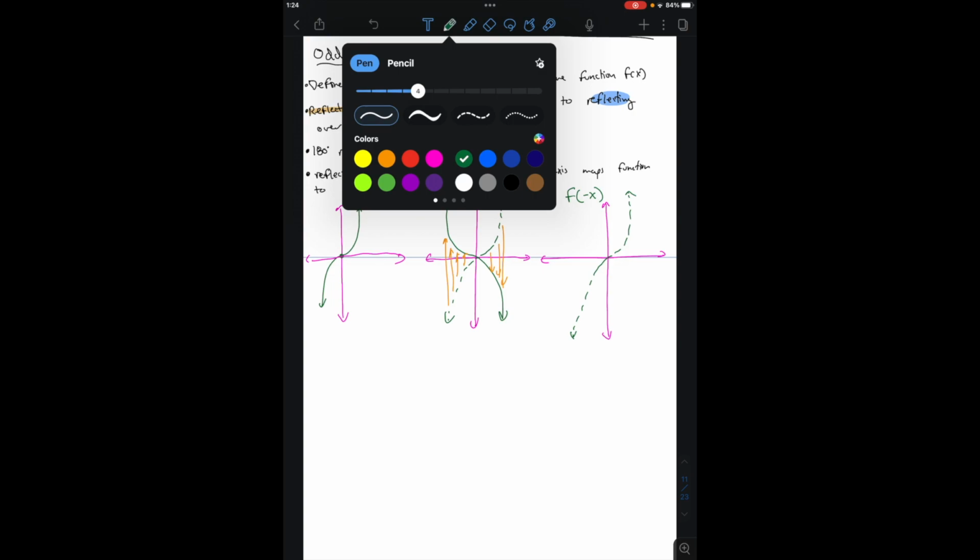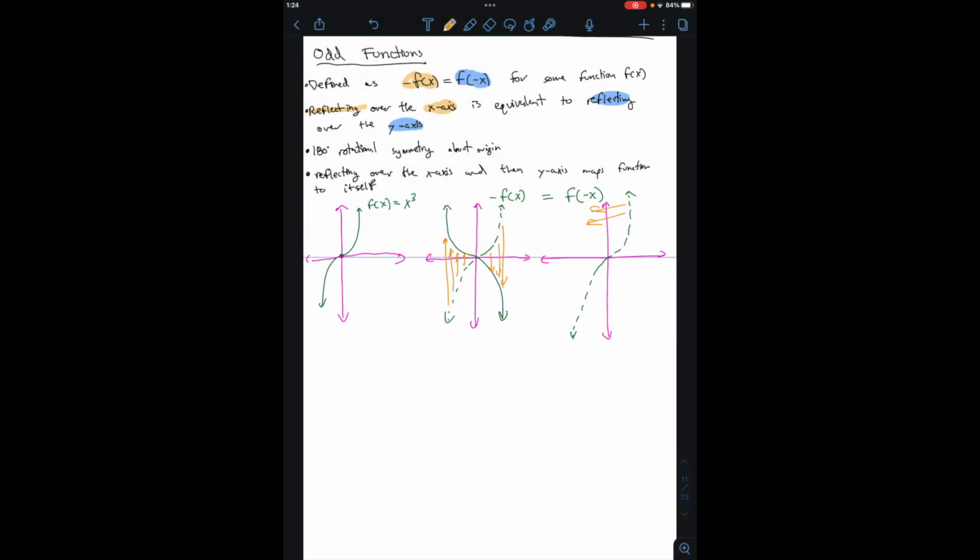And I reflect it over the y-axis. So these points go over there, these points go over here. Okay, and I'm going to get this same result. So regardless of whether I reflect it over the x or the y, look at that, I get this same end result. So that's the first definition that I said here.